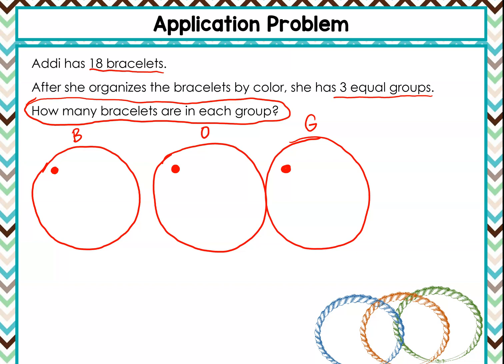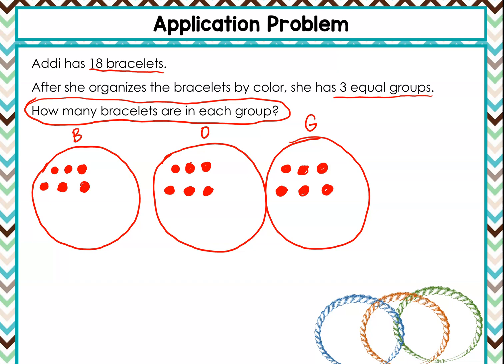So let's keep counting. 4, 5, 6, starting over, 7, 8, 9, starting over, 10, 11, 12, starting over, 13, 14, 15, starting over, 16, 17, 18. Okay, we've made it to 18.